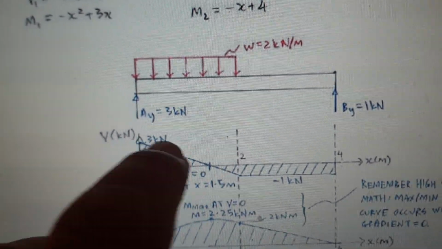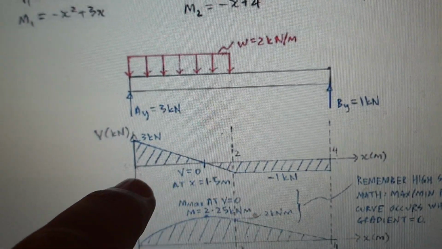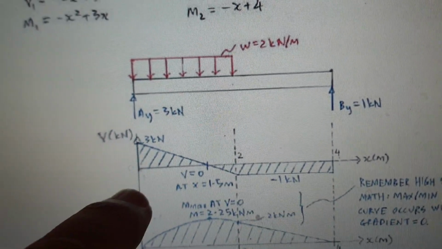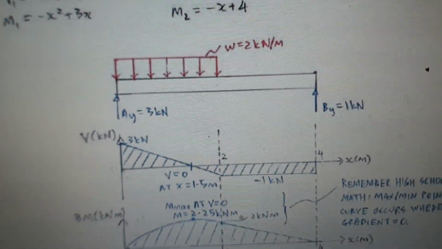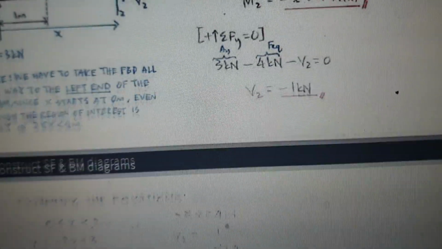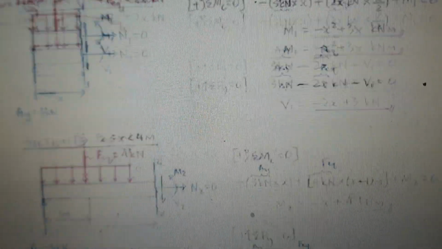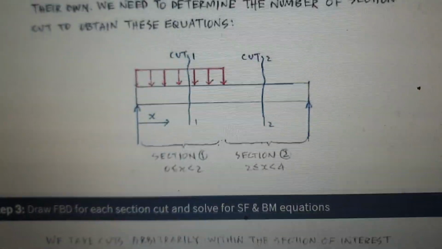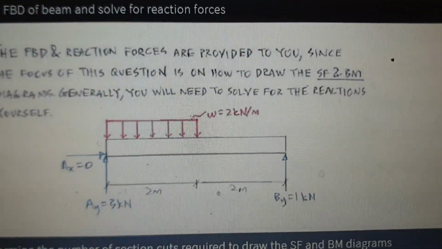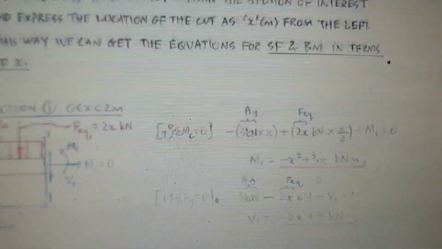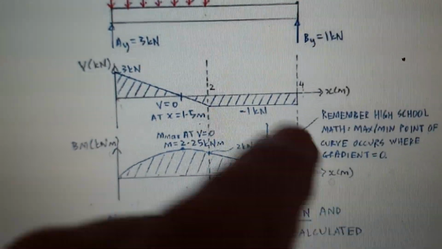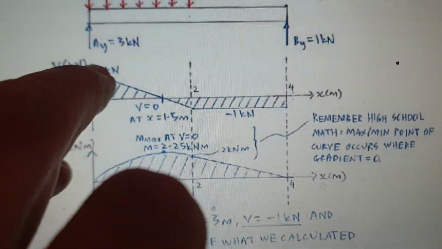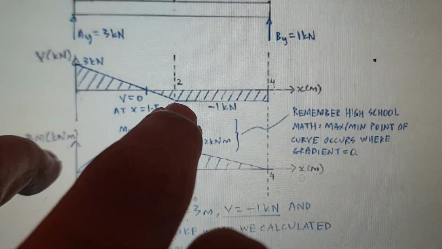Let's take the whole triangle. 3 and 1, 4. And the whole thing is what? 2. So the whole thing is 2, and the whole thing is 4.